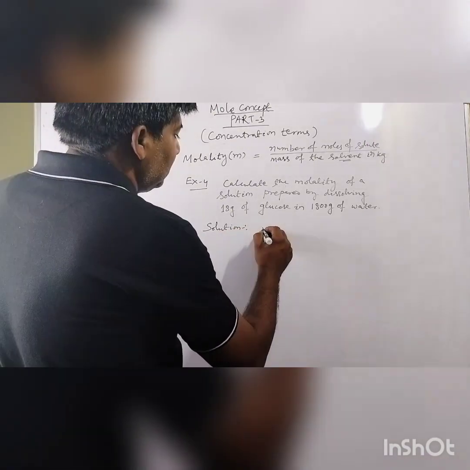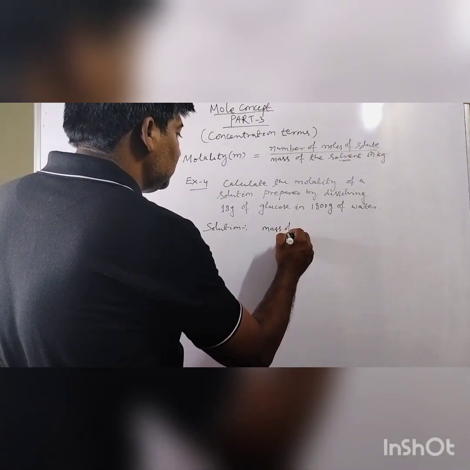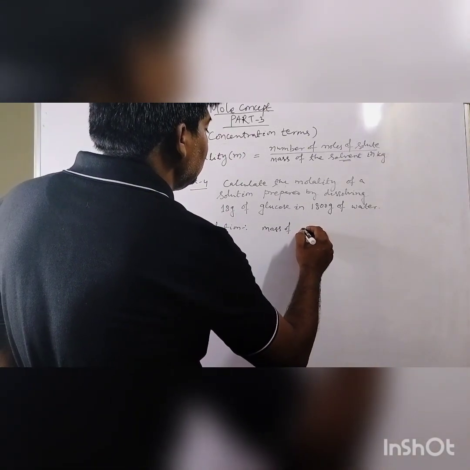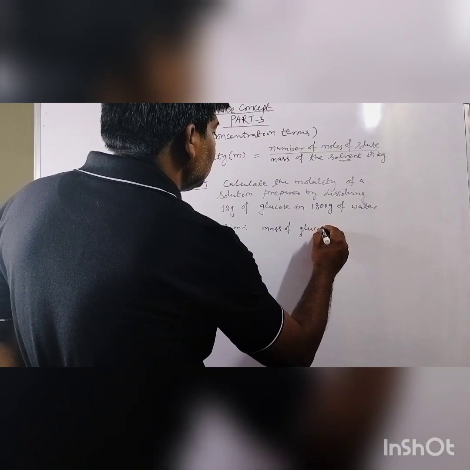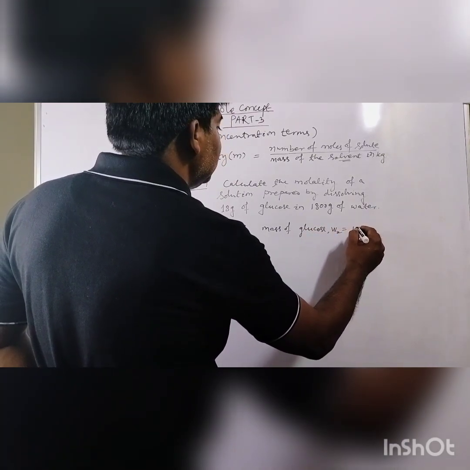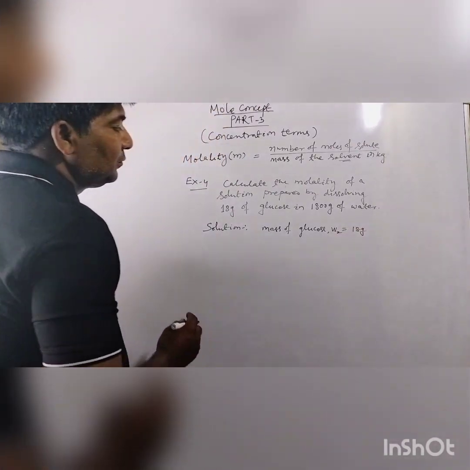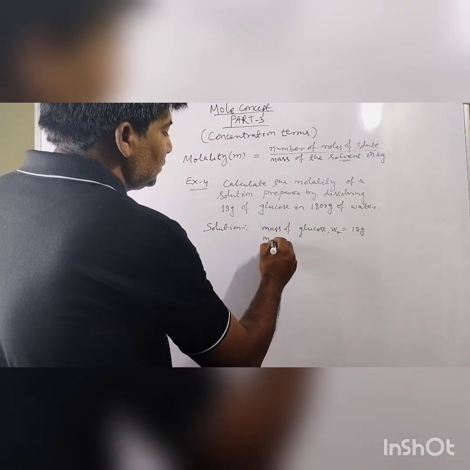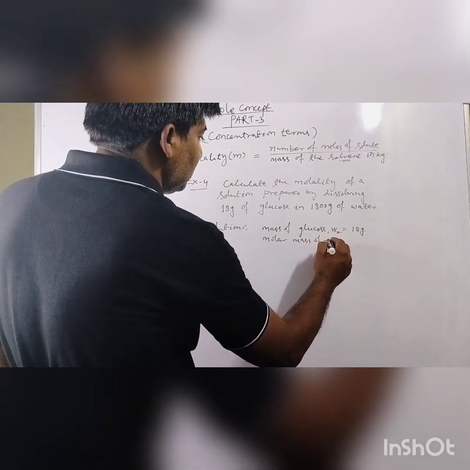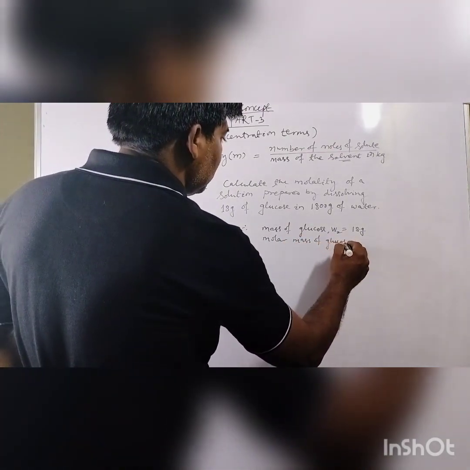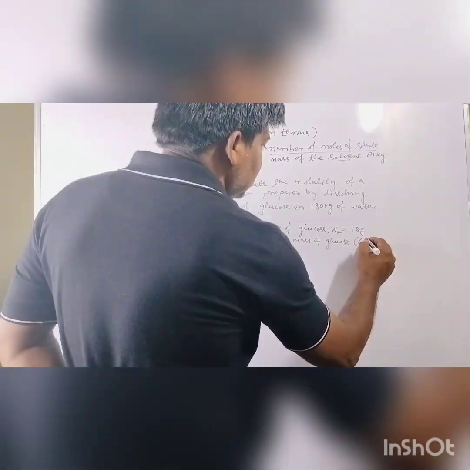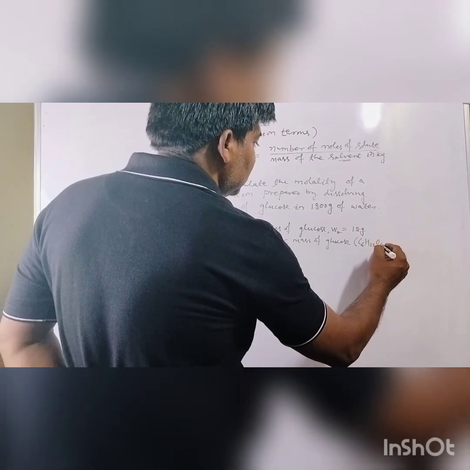So here mass of solute, that means mass of glucose W2 is 18 gram, and the molar mass of glucose, the formula of glucose all of you know, C6H12O6.